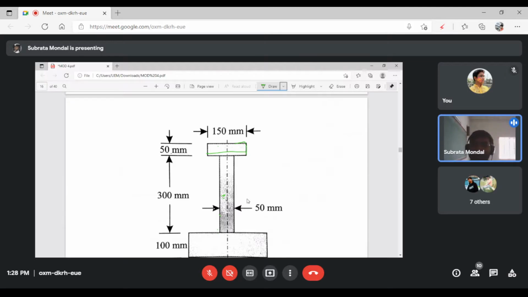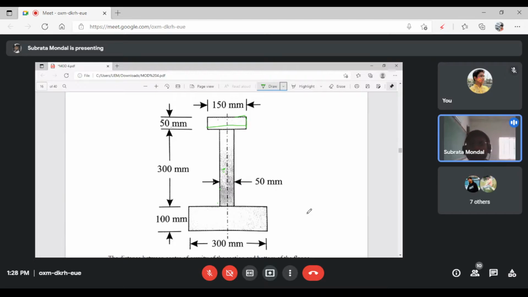Whenever you will be calculating y bar or y1, say it is 1, it is 2, it is 3. So whenever you calculate y1, you need to consider this 50 length along with that 100 length. Sorry, 300. This is 300 and 100. You have to consider it.